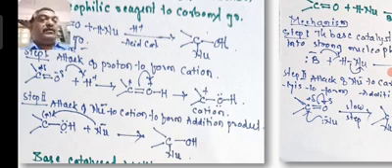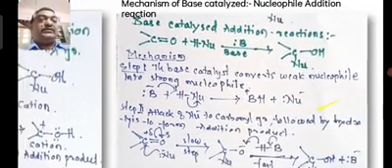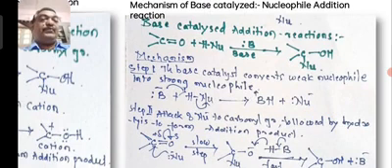Now in the base catalyzed reaction, the mechanism is a little bit different. The reagent, in general called NuH, is treated in presence of a base. So the first step is the base will react with the reagent to produce BH plus and Nu minus, that is the generation of a nucleophile.